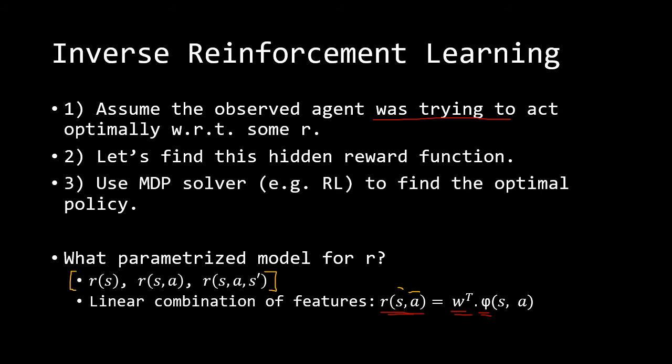Some people are saying it is enough to consider S, some say it should be S and A. Some are even going for S, A and S prime, the next state you are ending up in.